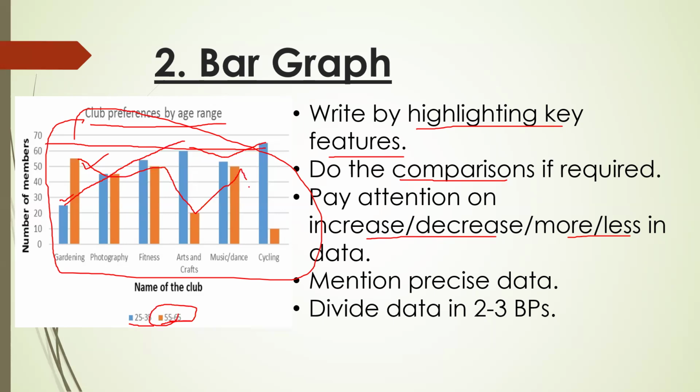And in cycling, there were the least people, only 10 people were interested, right? So there are ups and downs in the 55 age group, right? So precisely you can mention all the data, right, in at least 2 or 3 BPs. So it will depend upon the data. If there is huge data, then you can make 3 BPs, otherwise you can explain in 2 BPs only.